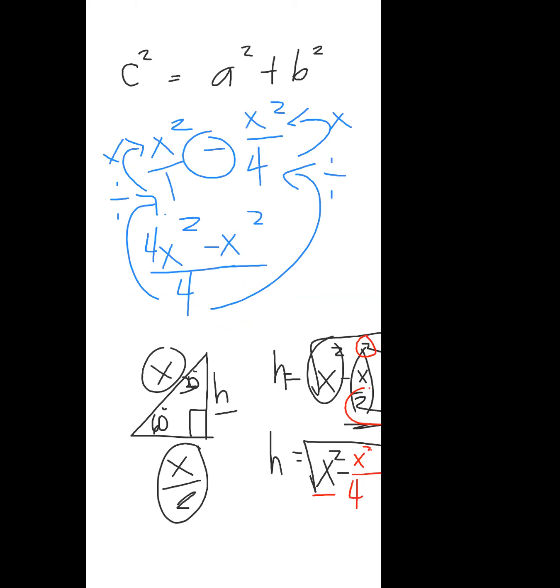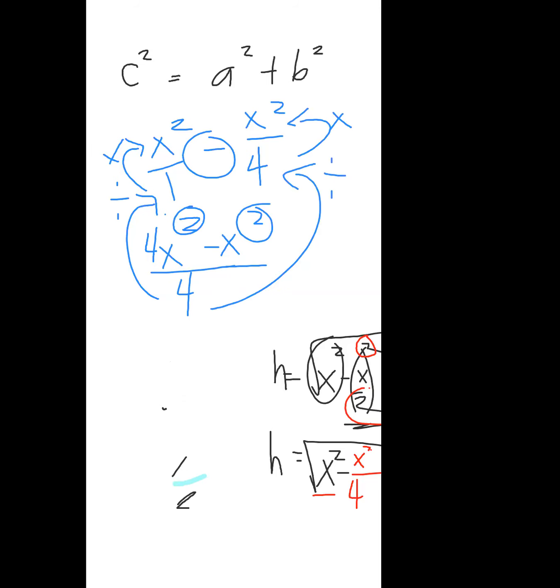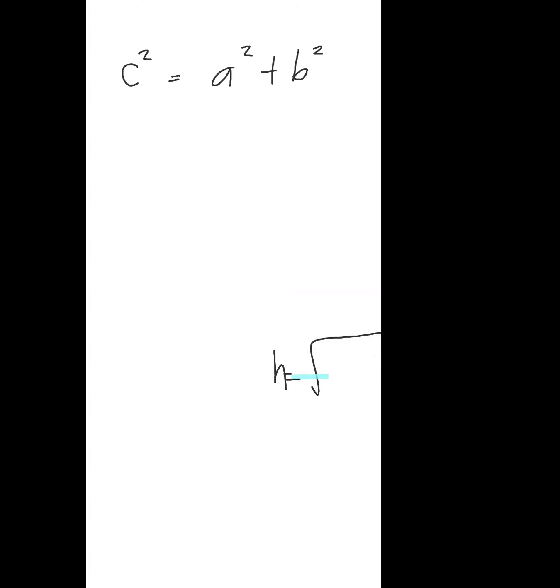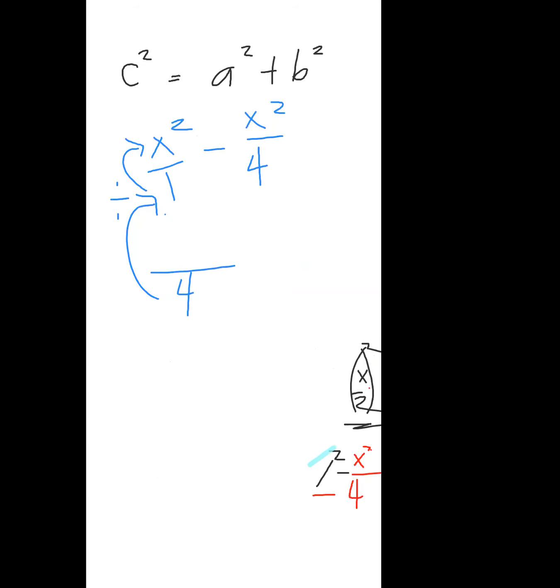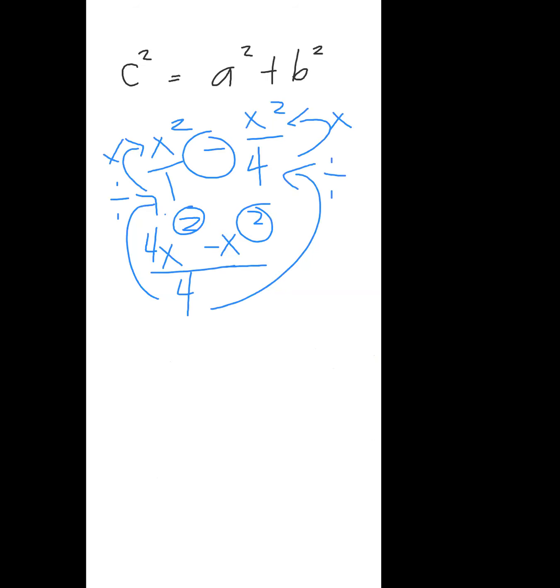And since pareho ito, like terms sila, kasi ang exponent nila ay both 2, we have to subtract. So 4x squared minus x squared. So automatic, di ba, kapag walang number or coefficient itong ating variable, automatic meron siyang invisible na 1. Okay? So 4 minus 1 yan, we have 3. And then copy x squared over 4.